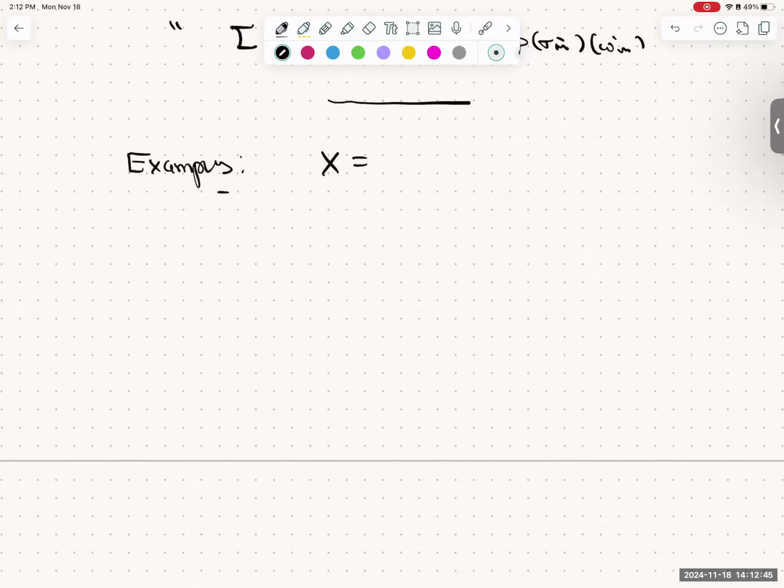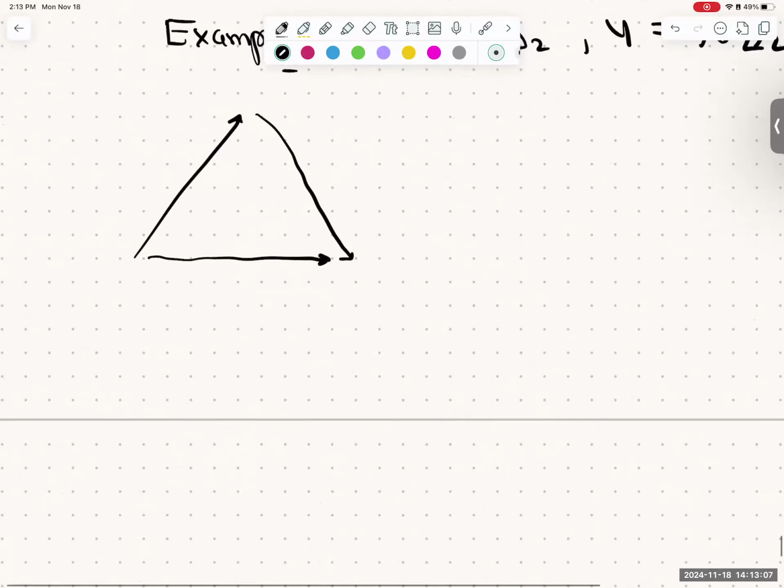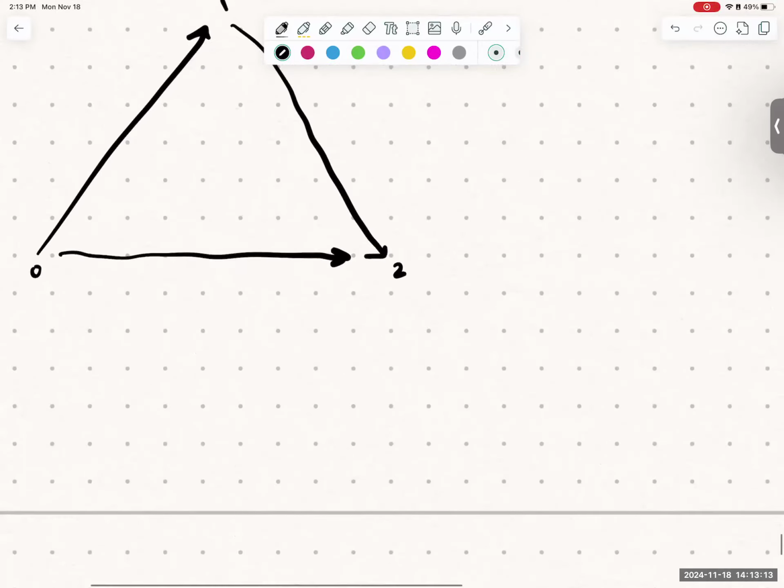If we have x equal to the 2 simplex and y equal to Z2, then we often write our distributions in the following way. It's just a convention, but it helps.